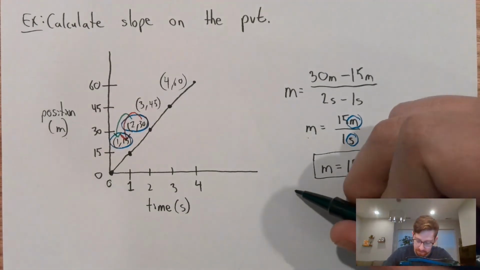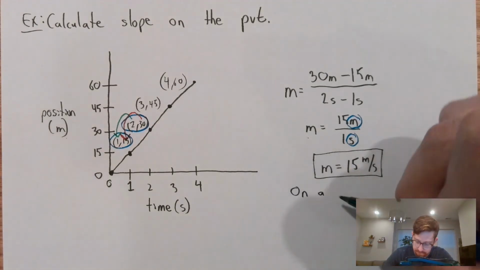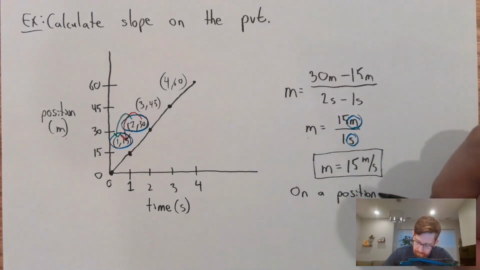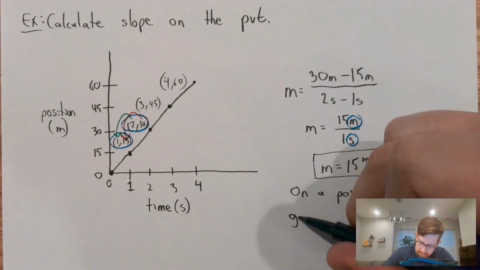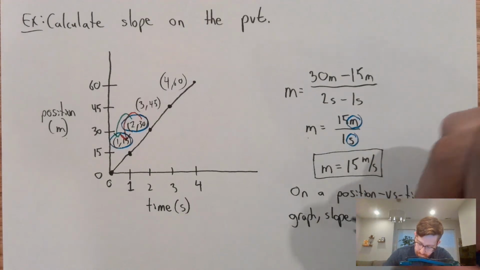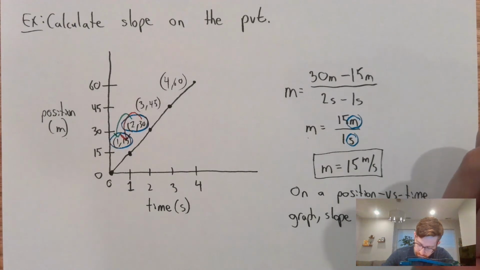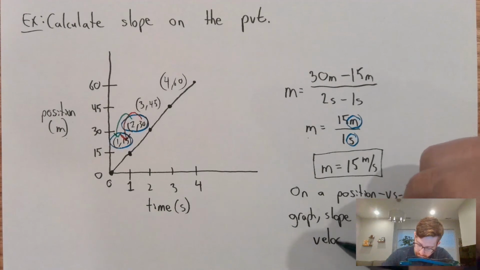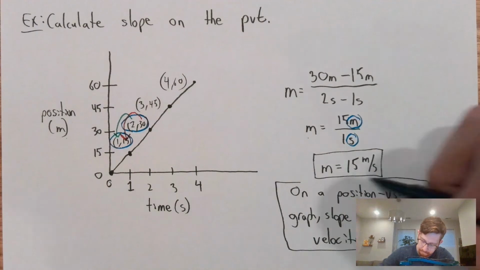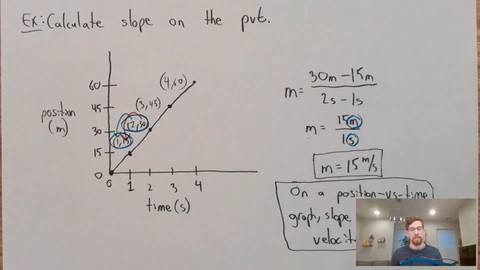On a position versus time graph, slope represents velocity.